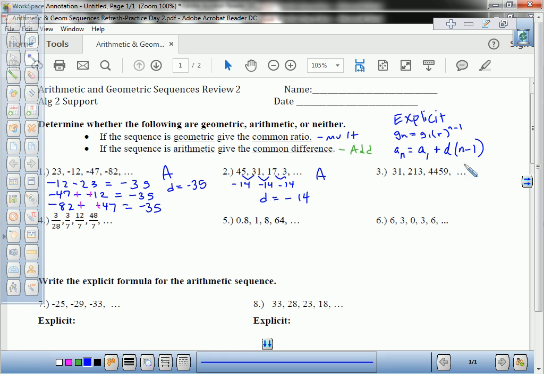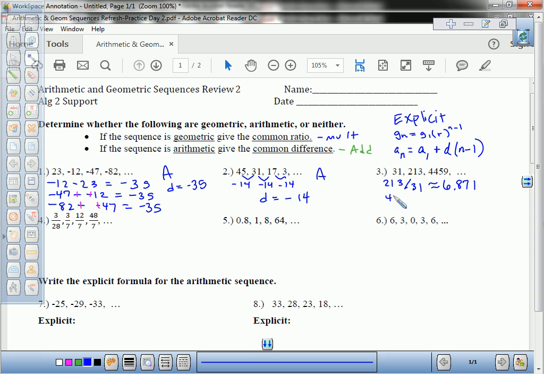Oh, I can tell that one is not arithmetic because it's changing by big different amounts. So I'm going to test geometric, which says I can take any term and divide by the one before it. Well, I don't know what that is, so I'm punching it in. 213 divided by 31. Well, that's ugly. 6.871-ish.